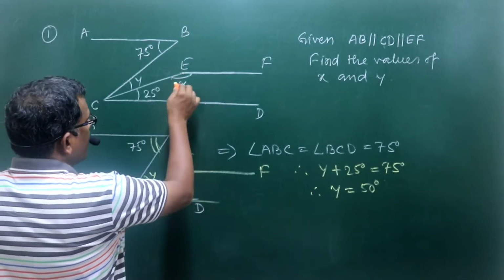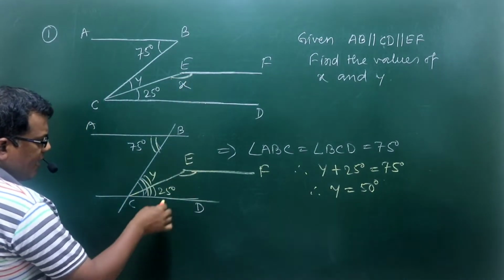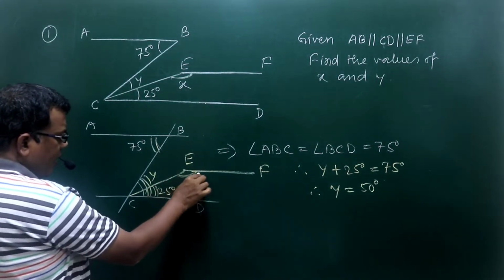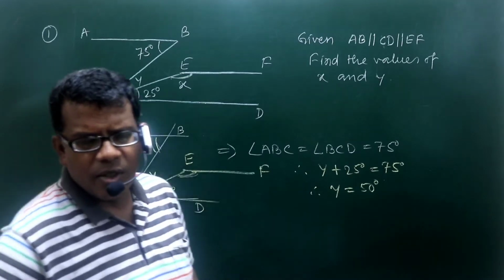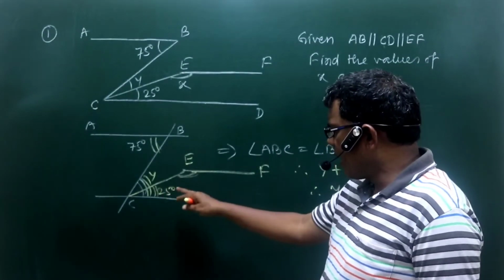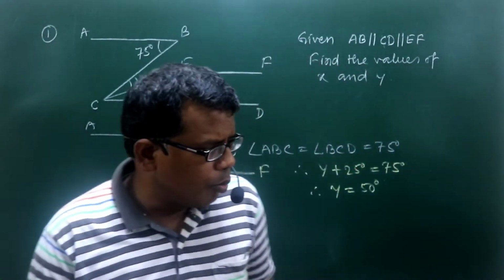Now, this is given as X. Again, these are two interior angles, not corresponding angles. Rather, they are the interior angles on the same side of the transversal between two parallel lines.